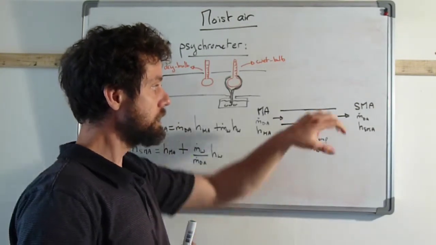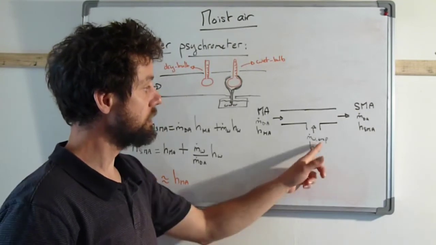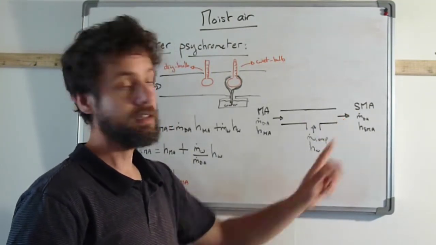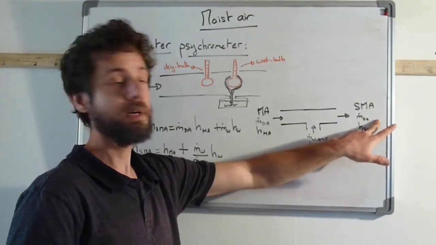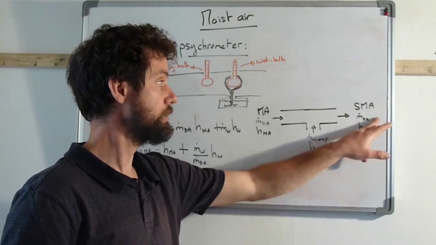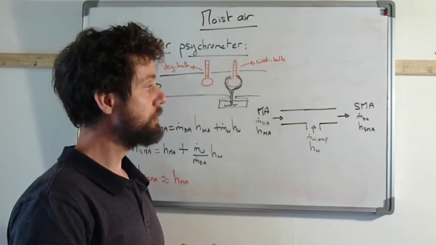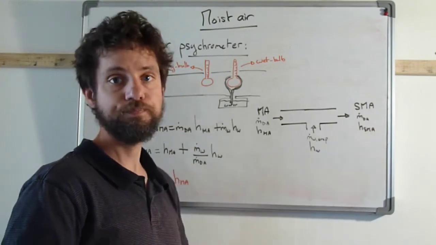And inside this system, things are happening, especially this water is evaporating, and what we get at the outlet is a saturated moist air with the same mass flow rate of dry air, because nothing has changed for the dry air, but with a new specific enthalpy written H of saturated moist air.